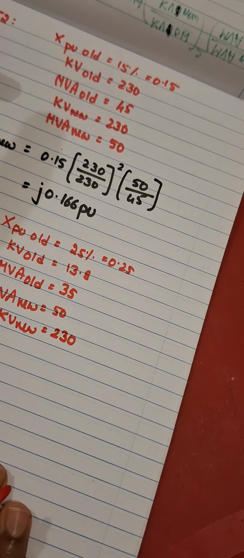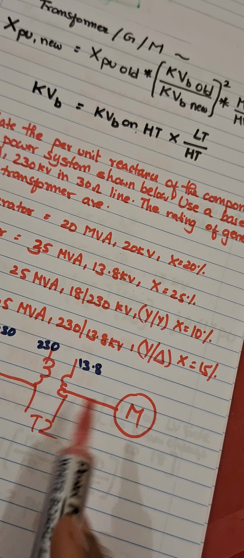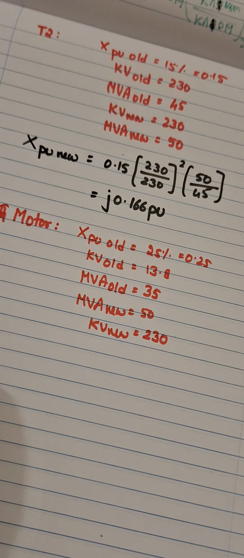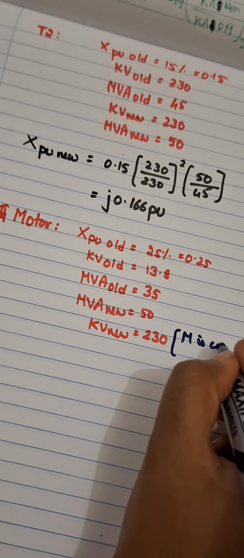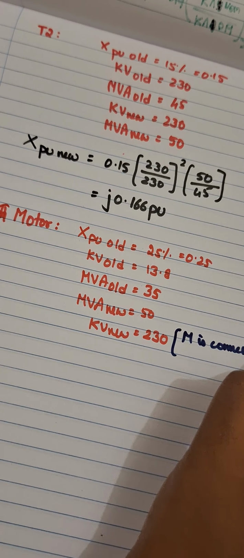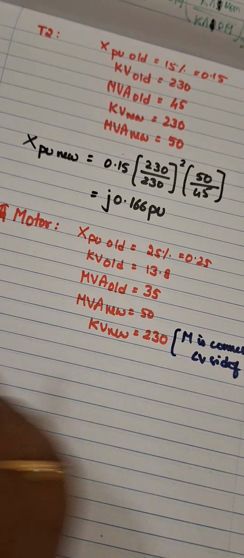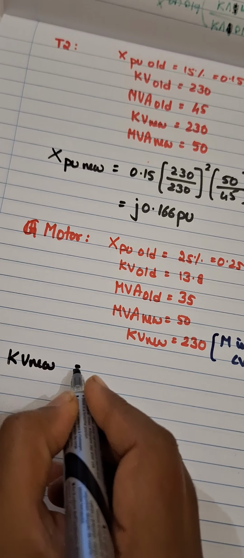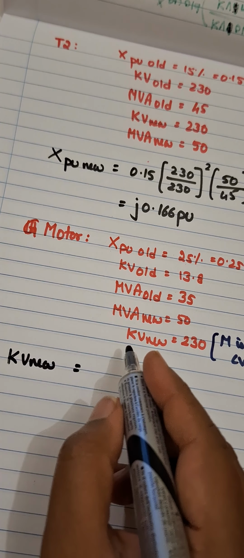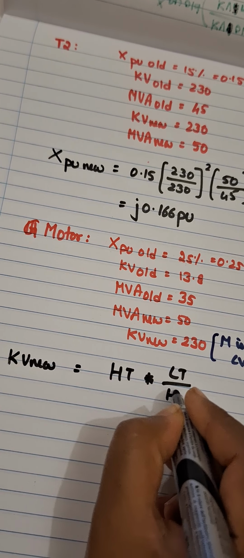Now again, if we look here, the motor is connected to the lower side of the transformer. So obviously our kV new changes. Why does it change? Because the motor is connected to the LV side of T2. So what is our base value of kV? It is the same HT side value multiplied by LT by HT.